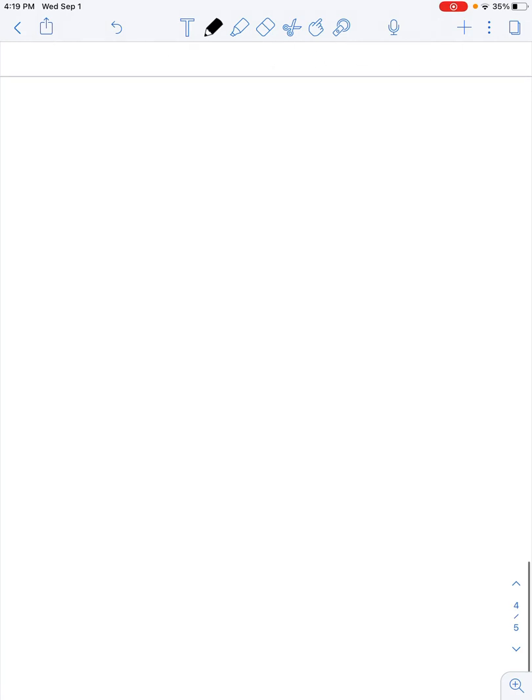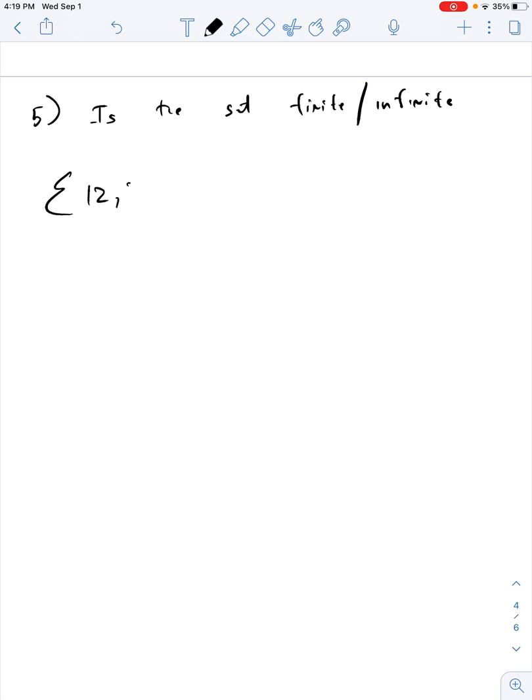How about number 5? Is the set finite or infinite? Right, so start off with open braces because it's a set. Now we have 12, 24, 36, 48, dot, dot, dot.